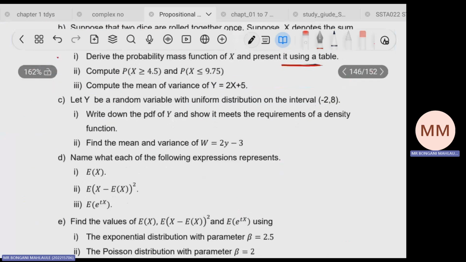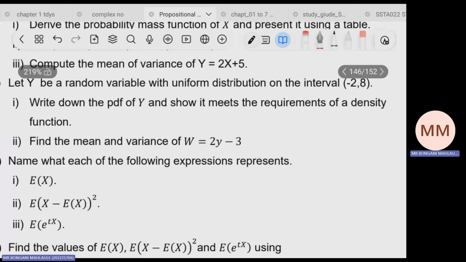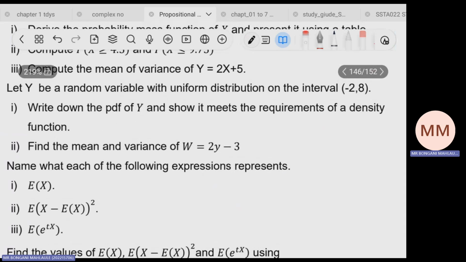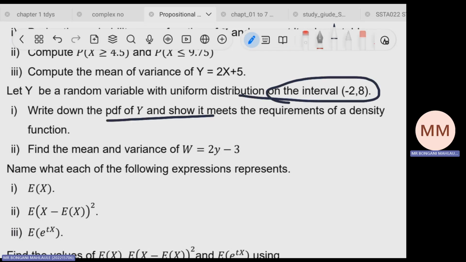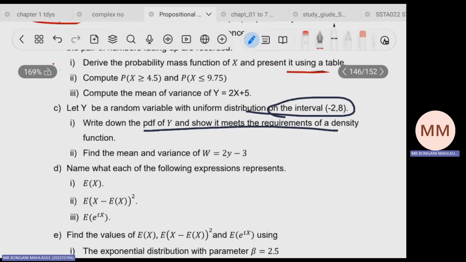And here they say, let Y be a random variable with a uniform distribution. Write the PDF of Y and show its requirement of a density function. Okay.